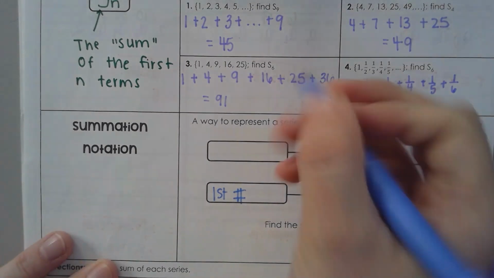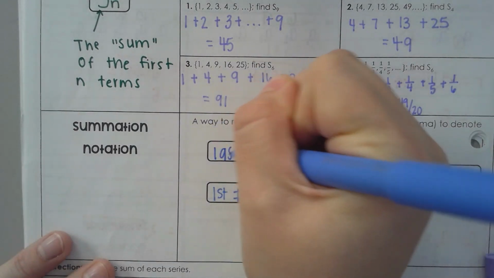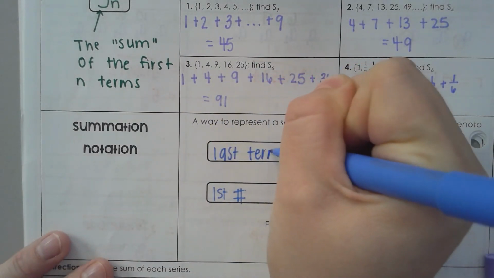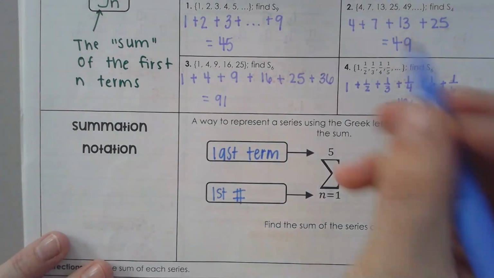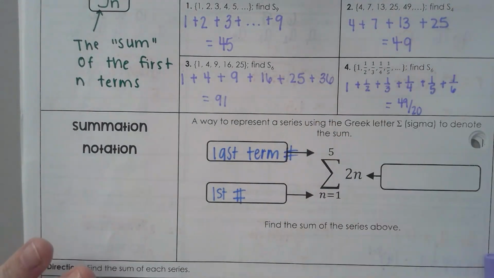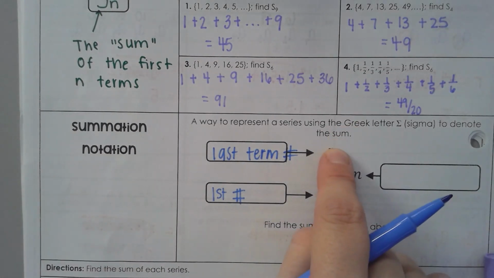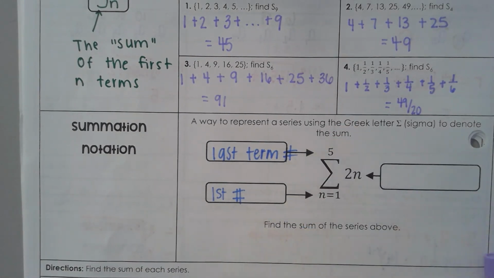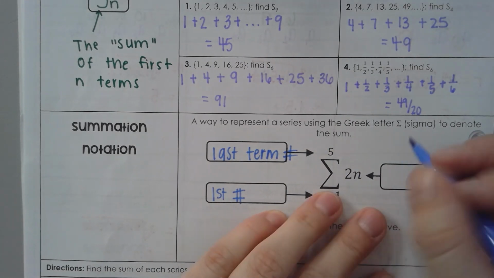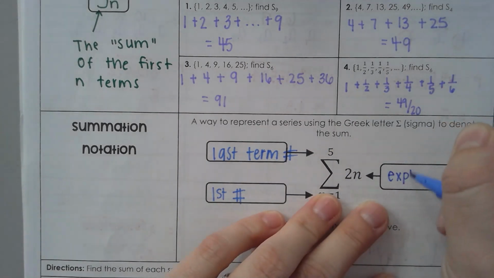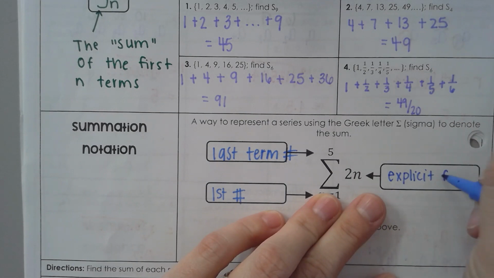And then the top number is the last term that we're adding, so the last term number. So we're adding the first term through the 5th term. And then beside of that will be an explicit formula.